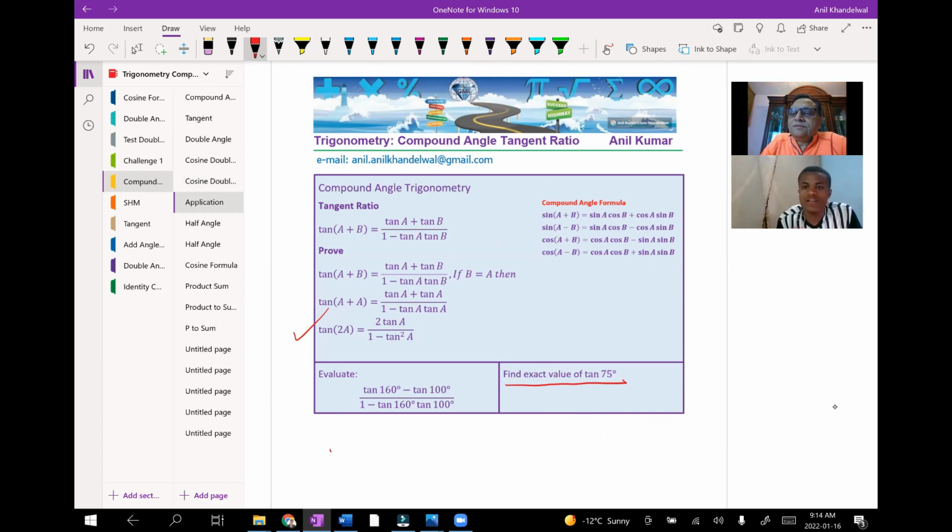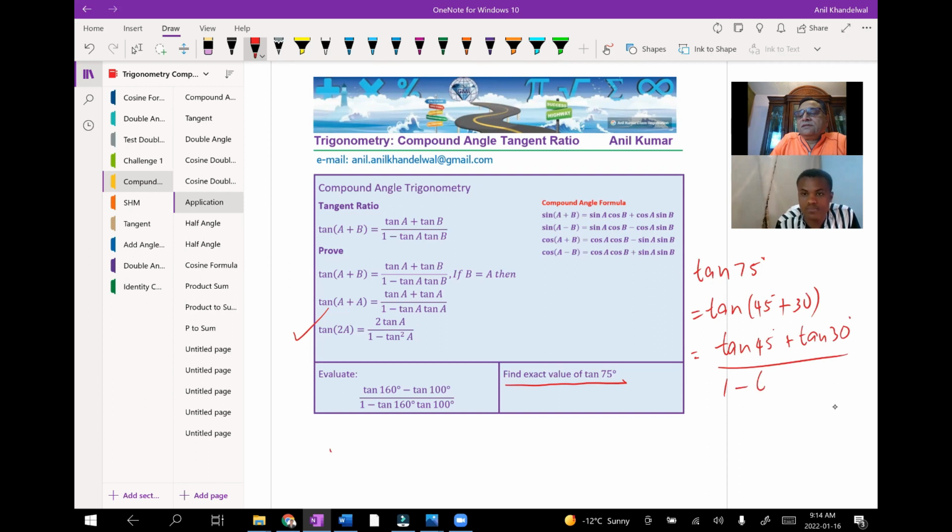By adding two special angles. Correct. 75 can be written as what? Tan 75 degrees can be written as tan of 45 degrees plus 30 degrees, correct? And that means you could write this as tan of 45 degrees plus tan of 30 degrees, divided by 1 minus tan 45 degrees times tan of 30 degrees, correct?